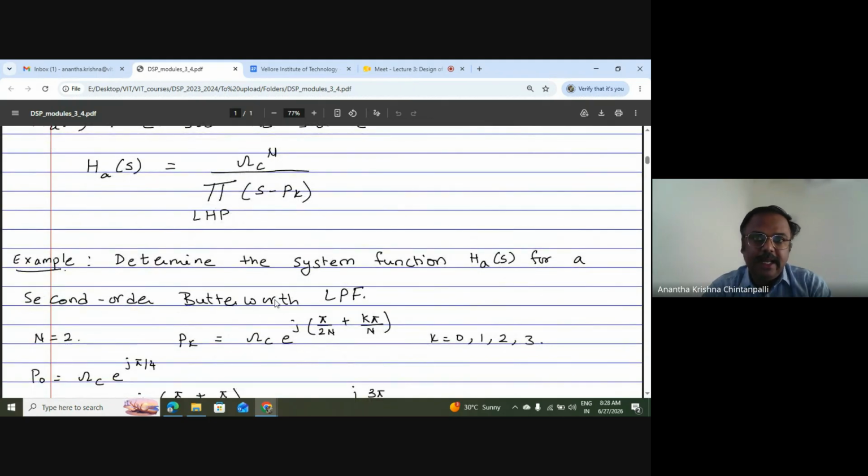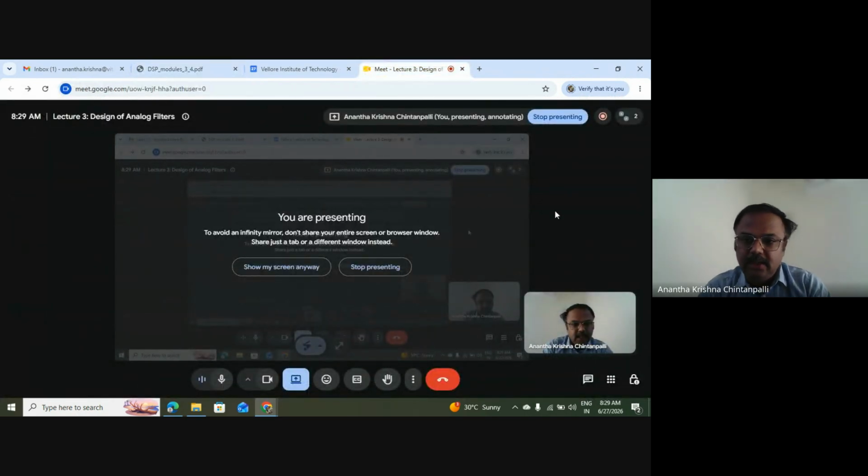Now let me take an example. I hope this is clear to you. What we have discussed so far is we looked at the magnitude square response of the Butterworth low pass filter, and the expression is given.